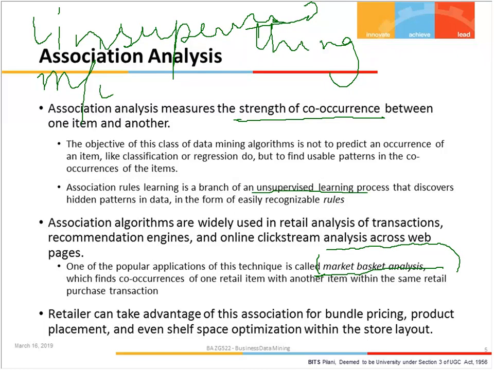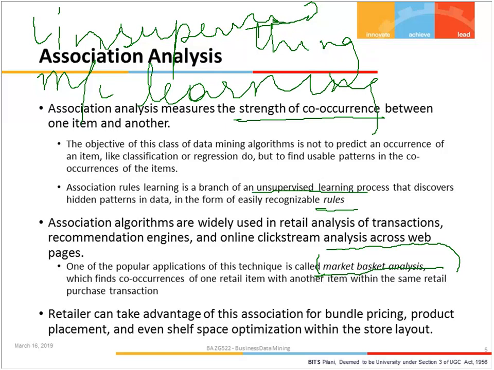This is to say when a data set is given to the machine and it is asked to learn the associations within the data set, there is really no reference or training data set used by the machine to learn how to find the association. So it's unsupervised learning, and once the associations are found, we can convert them into rules.